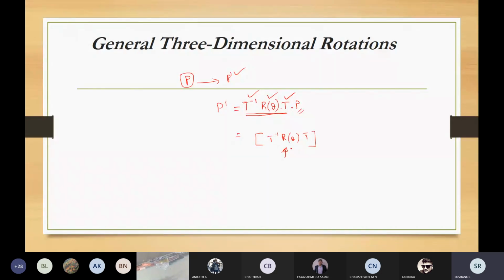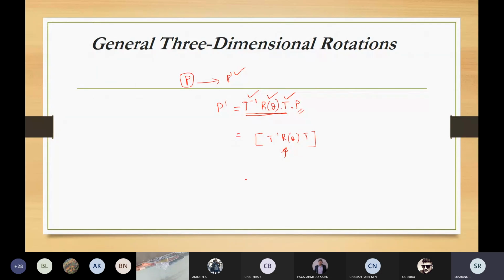Whenever you want to rotate an object about an axis that is parallel to some axis, these are the steps performed. P dash is the final position obtained after rotating from the initial position P. For that, three steps are there: translate, rotate, inverse translate. After these three operations are performed, the transformation is done.